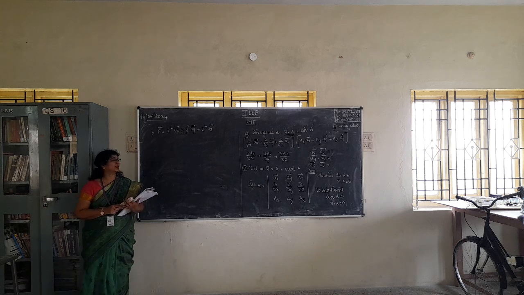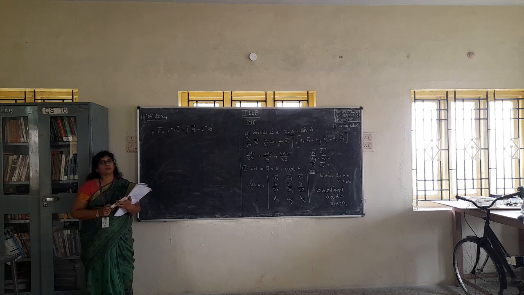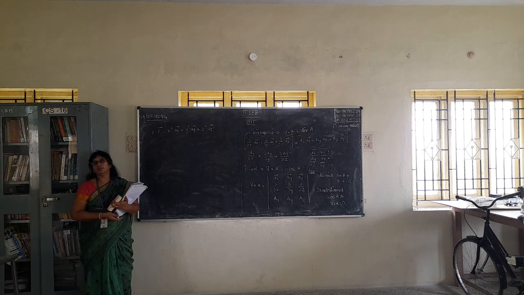If f vector is equal to x square ax vector plus y square ay vector plus z square az vector, find the divergence of f and curl of f.